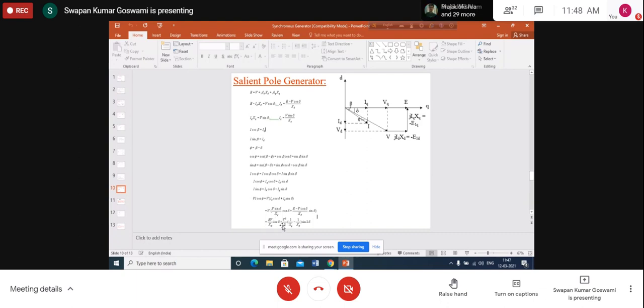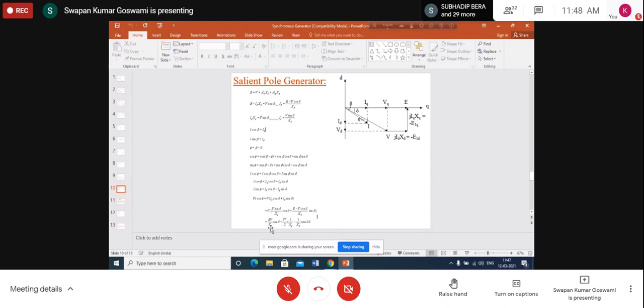So you see that in this part there is no E. It is solely dependent upon the terminal voltage. That means this part does not depend upon excitation, that does not depend upon field current. But this part depends.